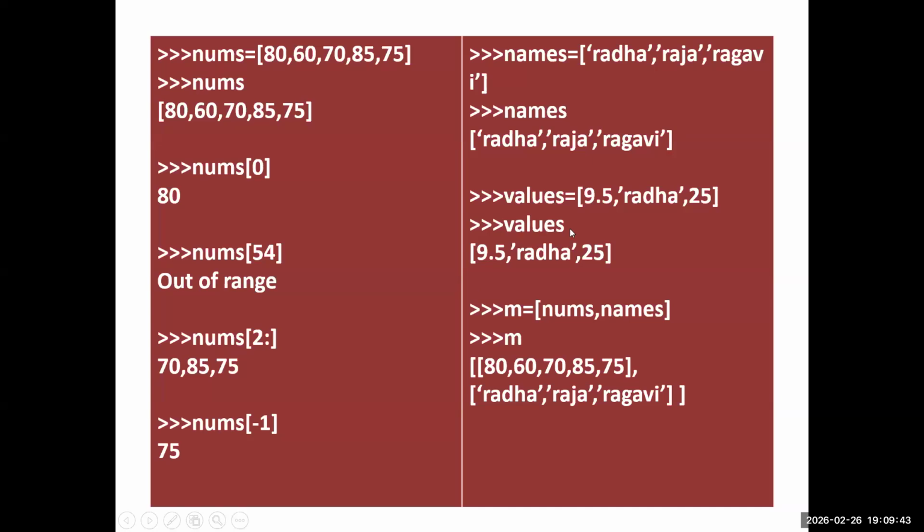Whenever you specify values, they will be displayed like that. Suppose you want to combine two lists, you can specify m equal to nums comma names. Then print m, and both lists are combined. This is a small introduction about the list.